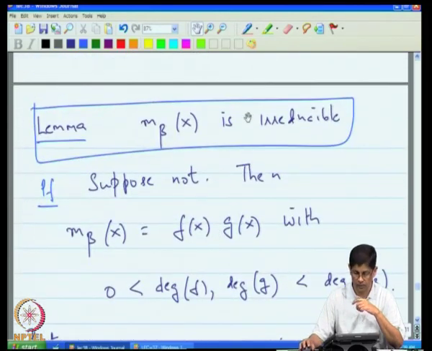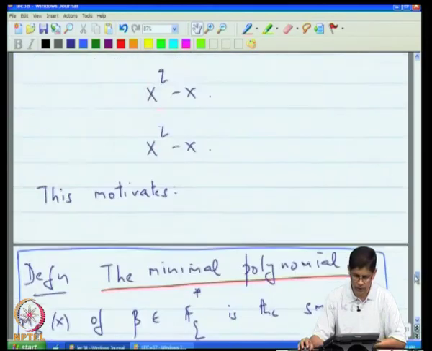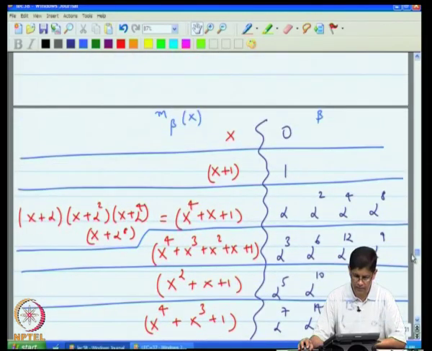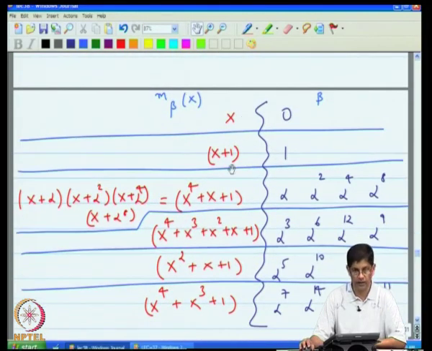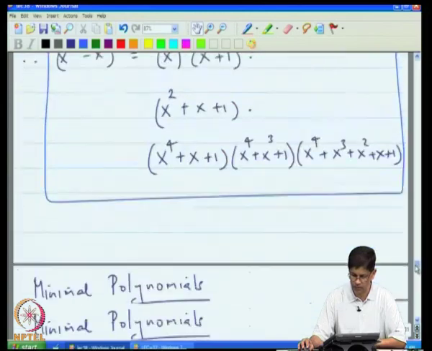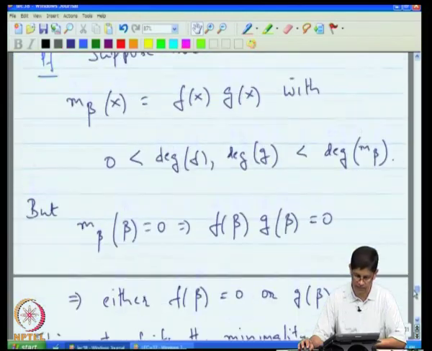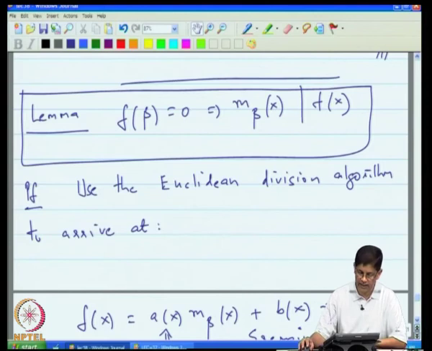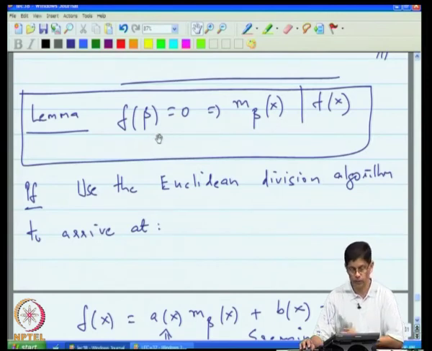So, the minimal polynomials are always irreducible, and in fact, we actually saw that, because I already told you that in this listing here, all the polynomials that you are seeing here are irreducible. So, that lemma just told us, well, that must always be the case. Then the second lemma is that, look, supposing you have the minimal polynomial m beta of x, and supposing you somehow find out that f of beta is 0, then the only way that can happen is if m beta of x divides f of x.